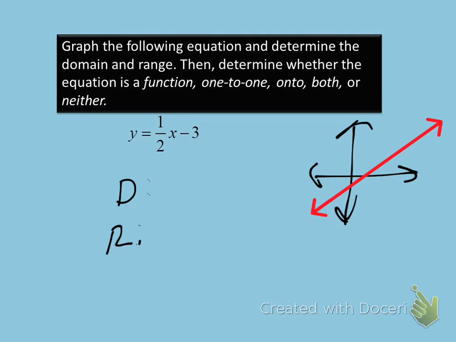Because there is not a number that you cannot put in there. Domain is your x's. So since there isn't a number you can't put in there, that means you can put them all in there, which means it's all real numbers.